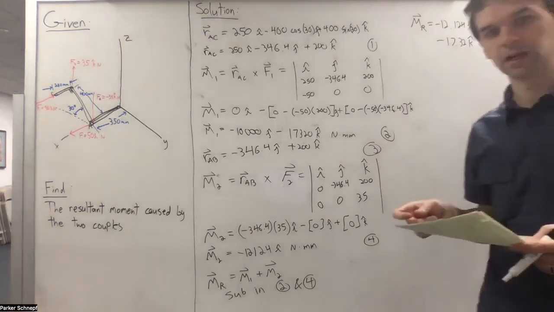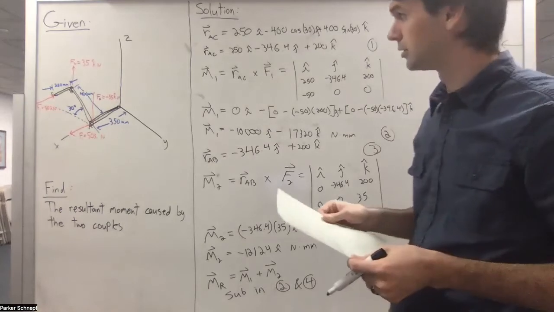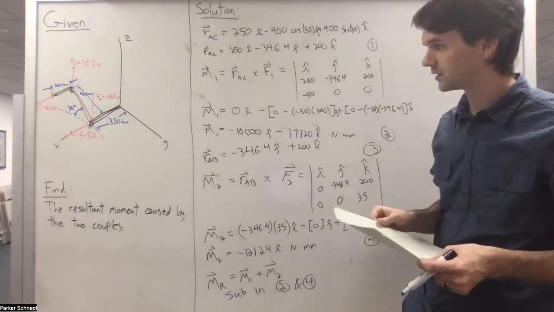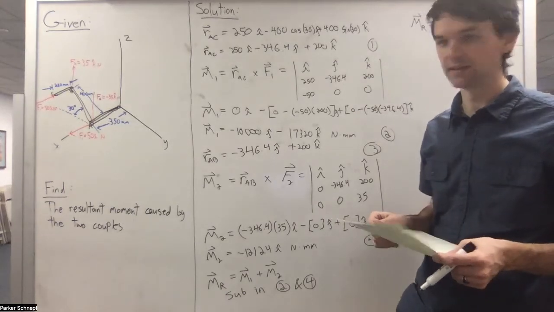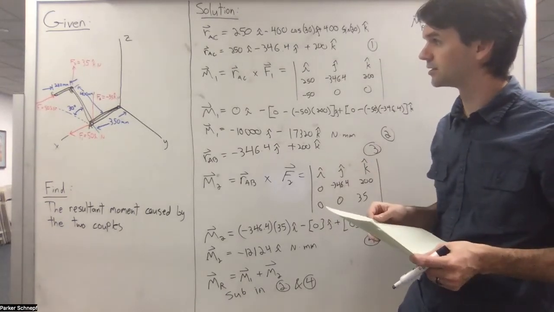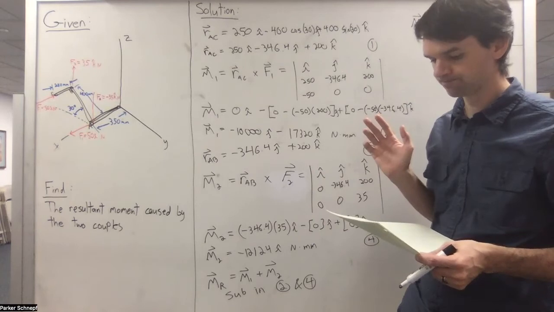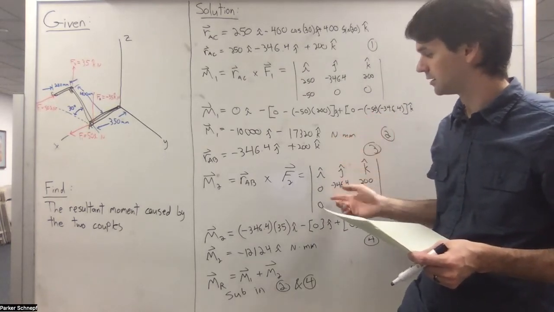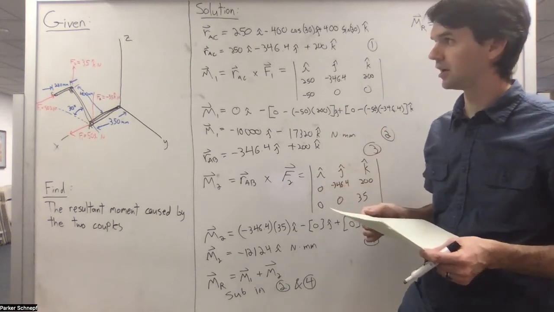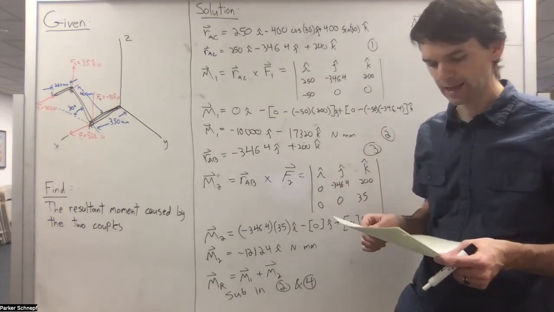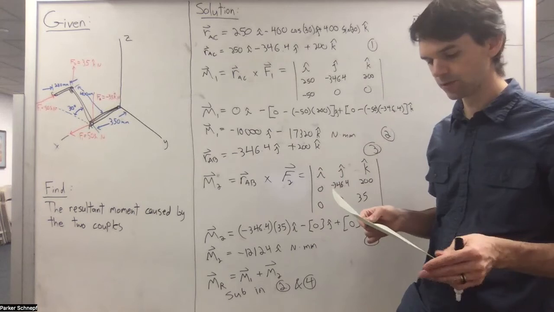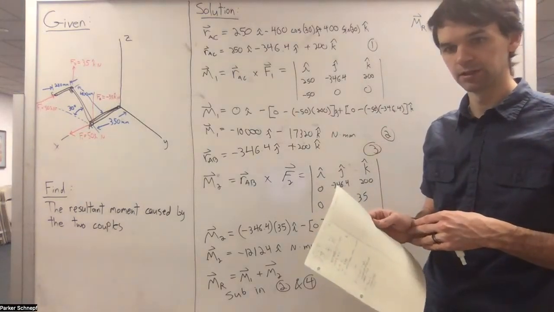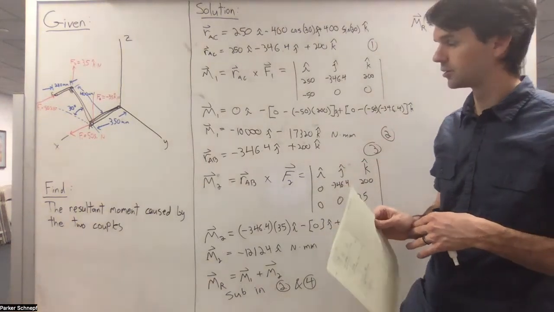So overall, pretty simple. With 3D problems, it's still typically going to be easiest, even in a case like this where everything's relatively nice and square, to just use cross products. We could do this without cross products, just taking the x components of forces times the perpendicular components of the distance.